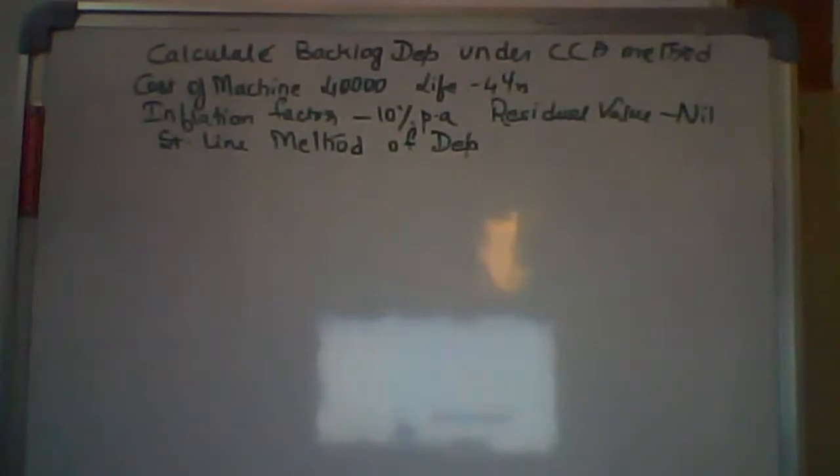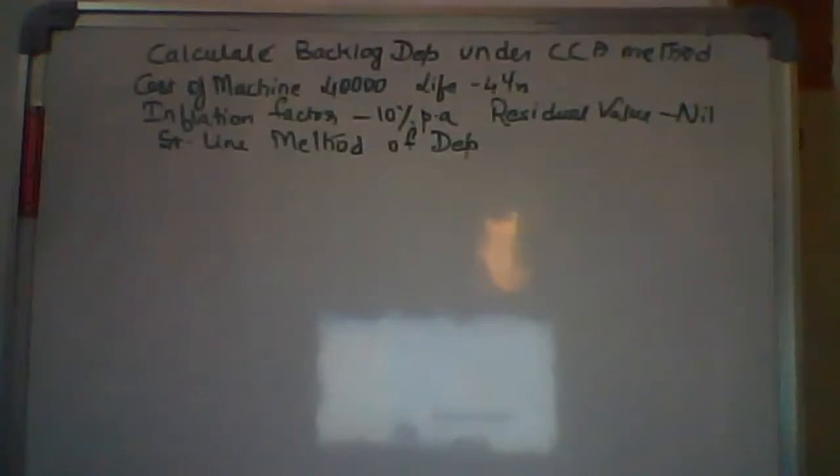is being calculated. Okay. So in order to find out backlog depreciation, the first thing we have to do is calculate depreciation adjustment. Depreciation adjustment means each year, according to historical cost, how much is the depreciation, and according to current cost accounting replacement cost, how much is the depreciation.